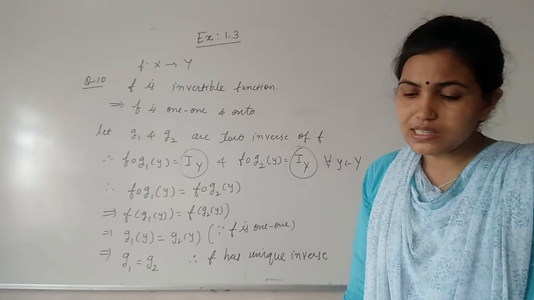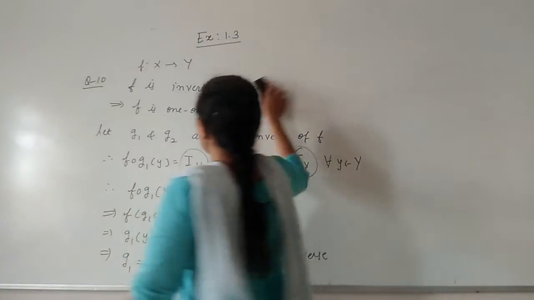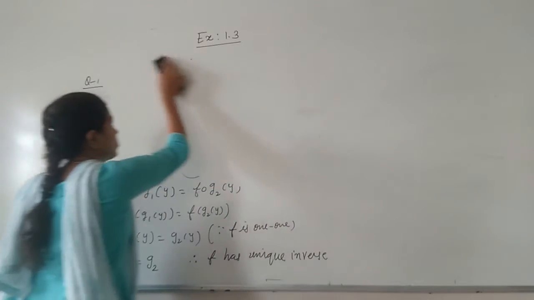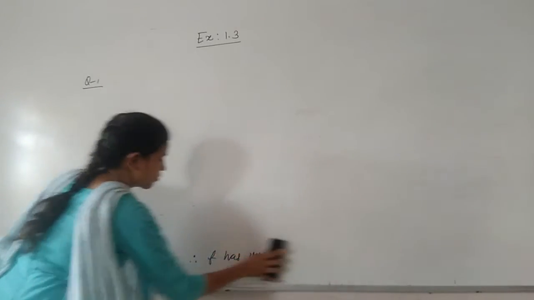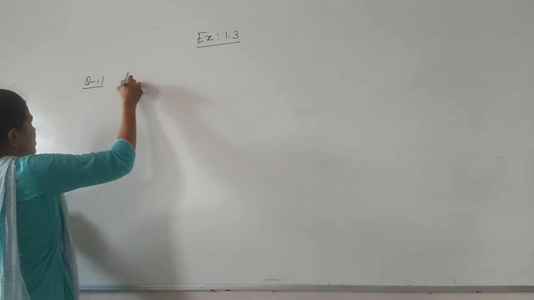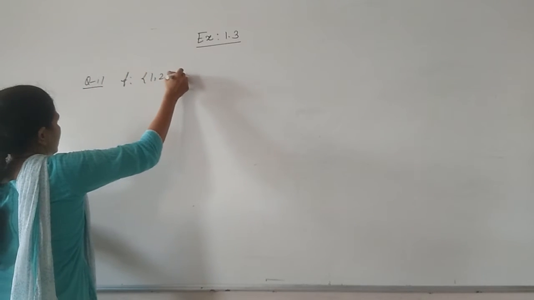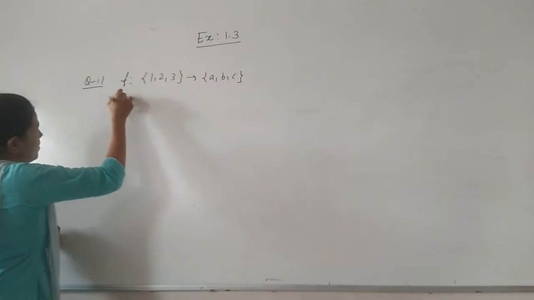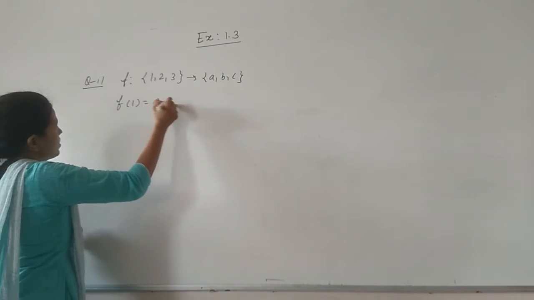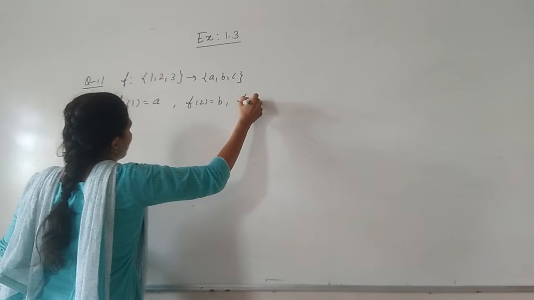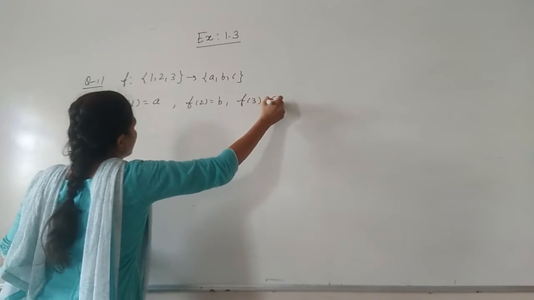Now 11 is: consider the function f from {1, 2, 3} to {a, b, c}. Question number 11 is not that difficult, it's a similar type of question. f is a function from {1, 2, 3} to {a, b, c}, defined as f of 1 is equal to a, f of 2 is equal to b, and f of 3 is equal to c.